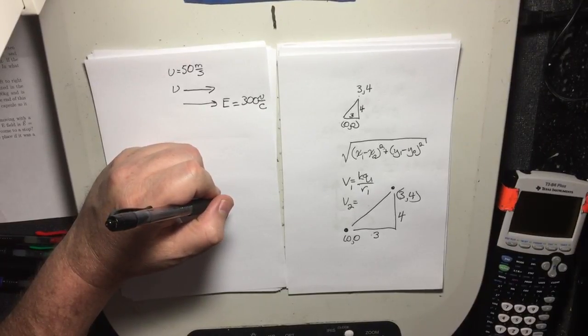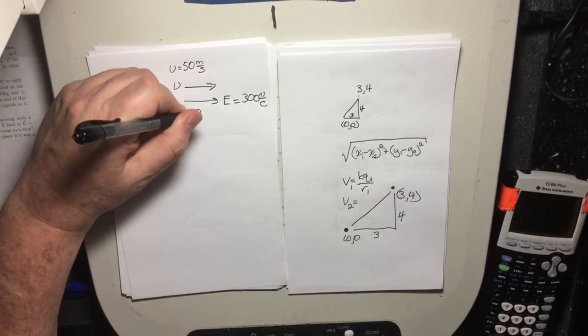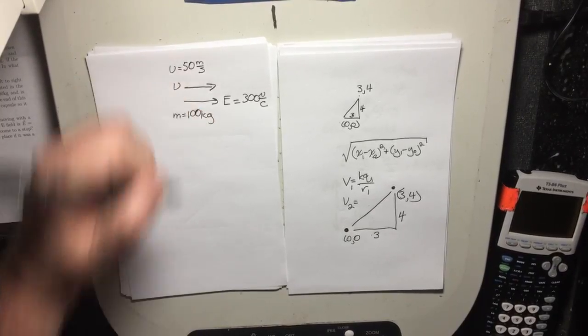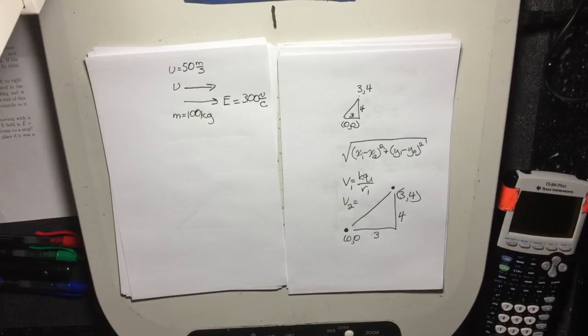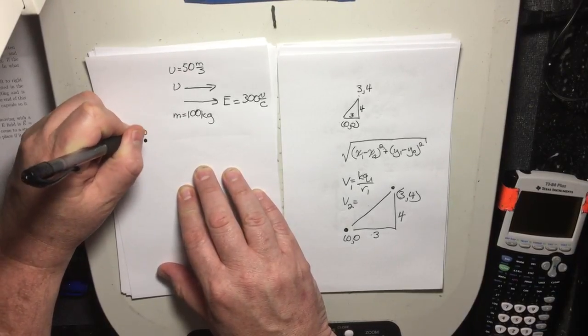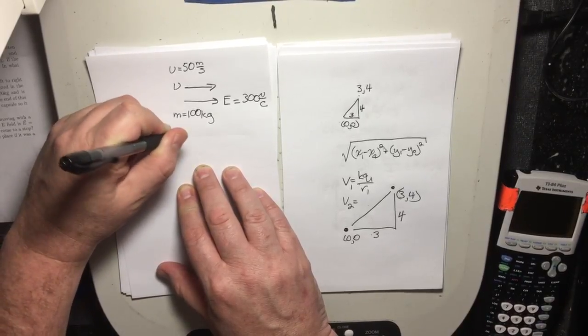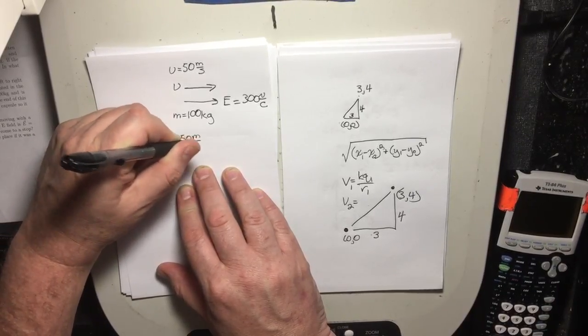The mass is 100 kilograms. That's the total mass of puppies and capsule. The region of space is 1,000 meters long. So it starts over here. We could say the origin, the initial velocity is 50 meters per second.